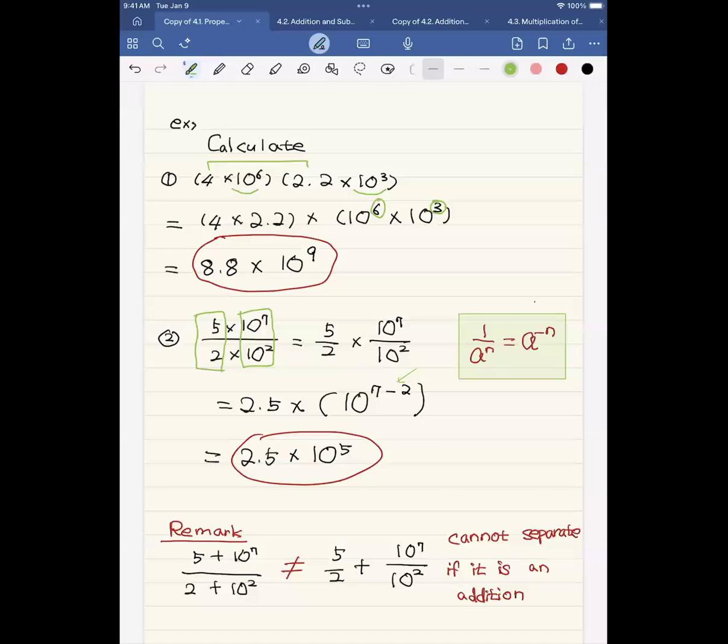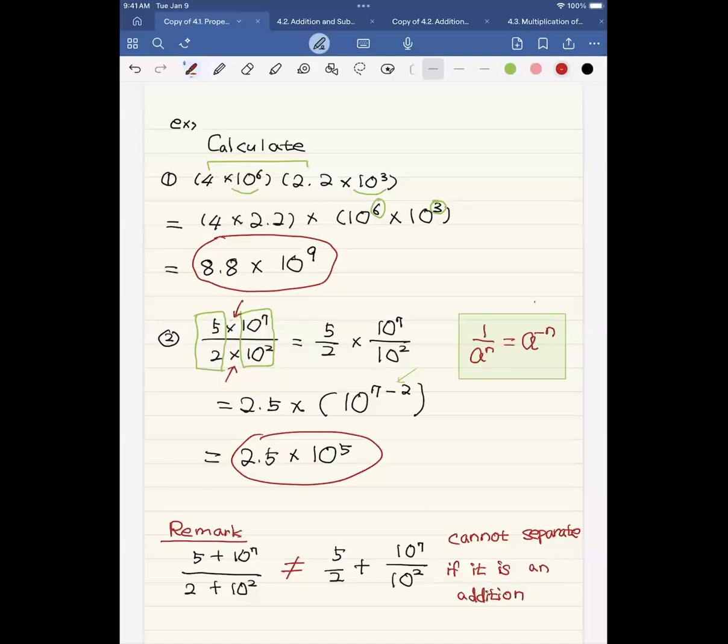What you have to be careful about is that in this case, we are multiplying the numbers on the numerator and denominator, so we can separate in this way. Let's suppose that we have 5 plus 10 to the 7th power over 2 plus 10 squared.